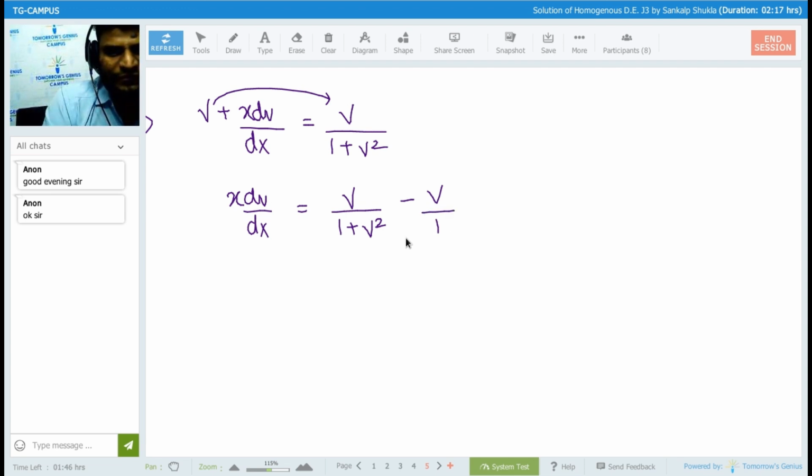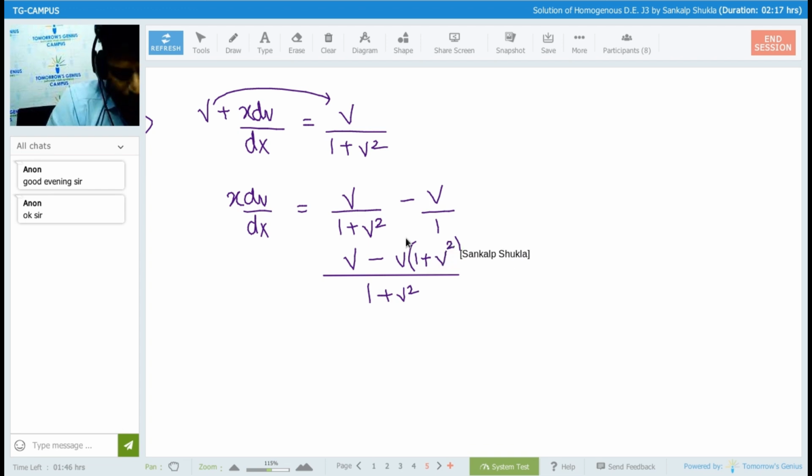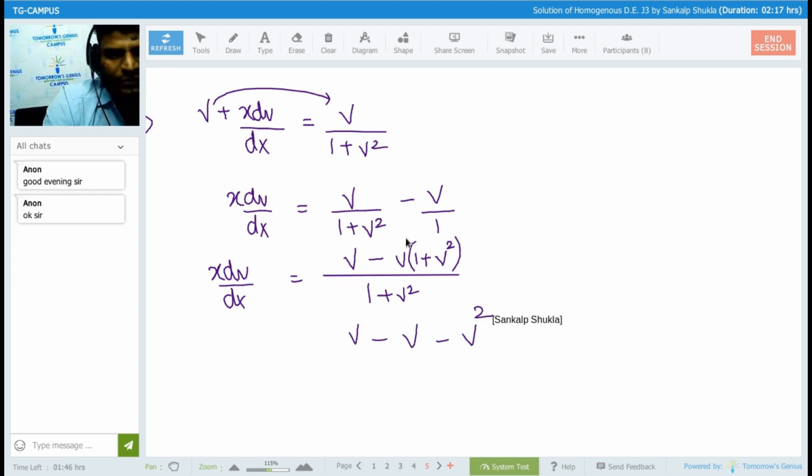So what will be the LCM? LCM will be 1 plus v square only. Now this is v minus v into 1 plus v square, x dv by dx. So this is v minus v square divided by 1 plus v square.